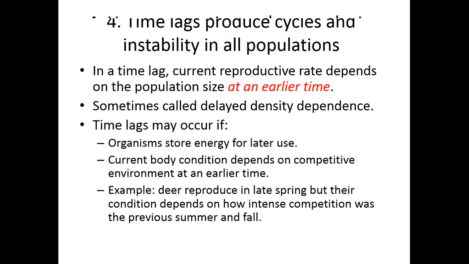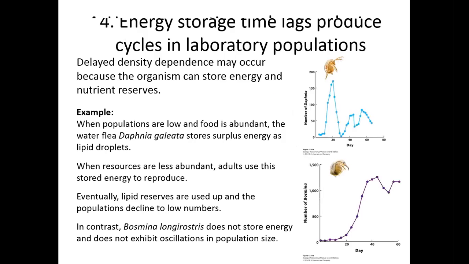On the other hand, if the competitive environment was pretty lax in the previous fall, 6 months before, they may have a whole lot of energy to reproduce. They may reproduce way more than you expect. So here's some examples of what delayed density dependence does for continuously reproducing populations.